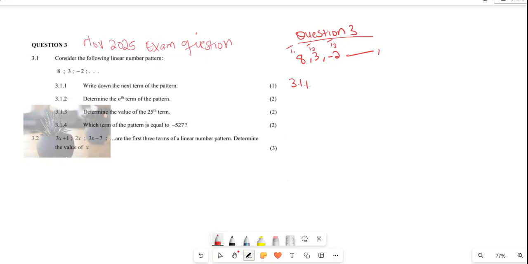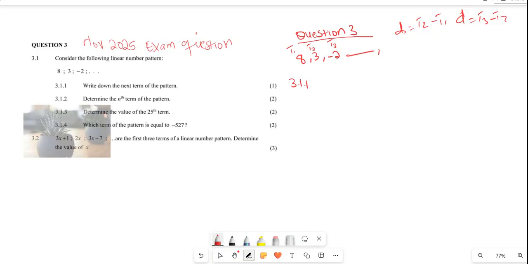Let's just check if the pattern is increasing or decreasing, and we know that a linear pattern must have the same common difference.